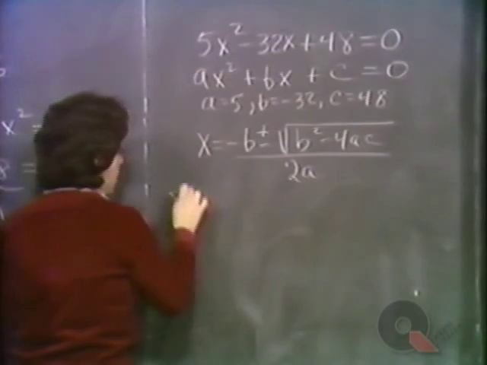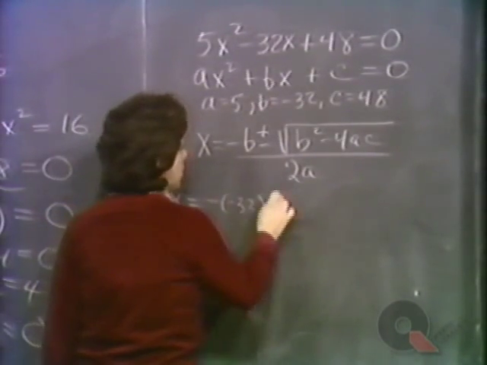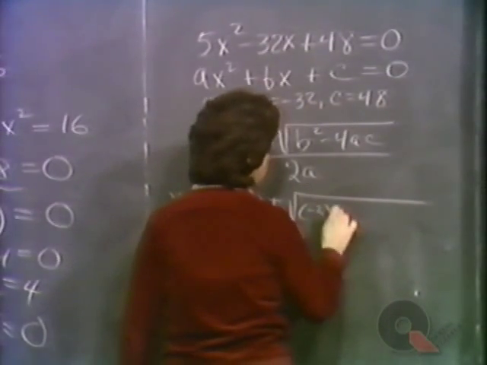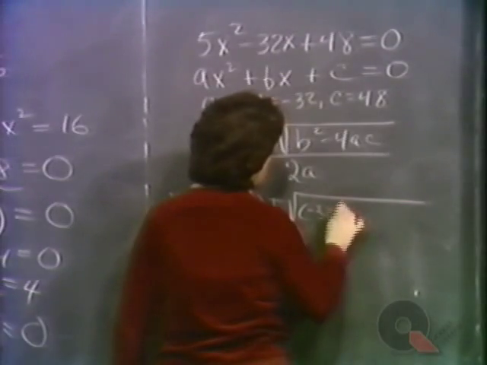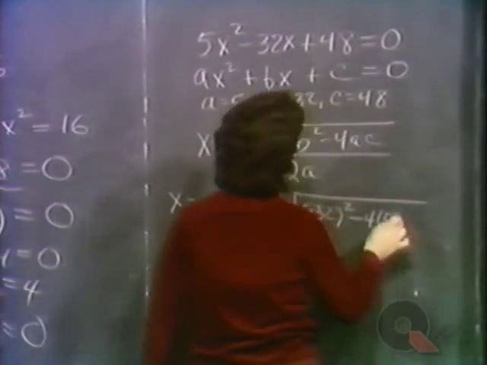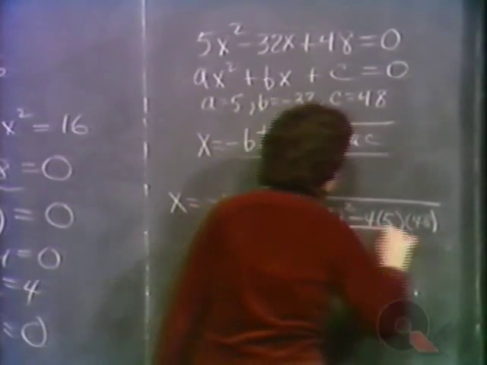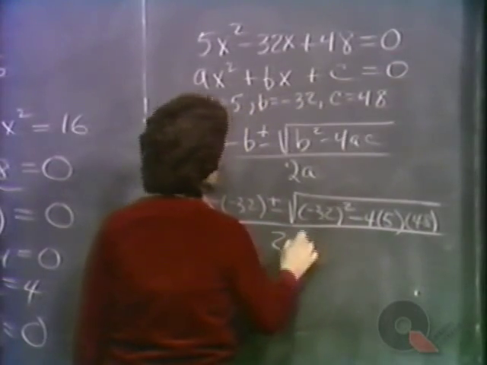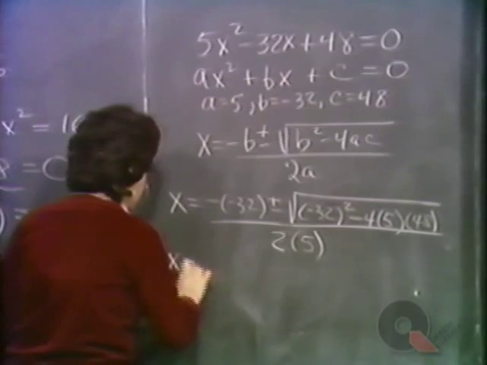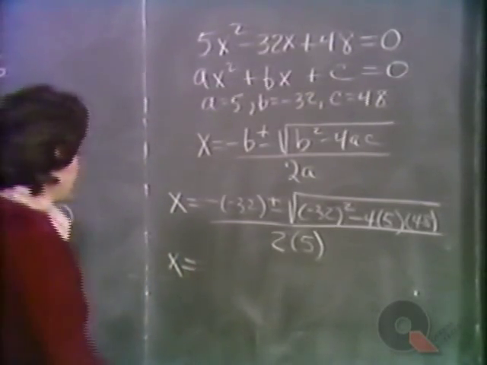So we get x equals minus b, that's minus minus 32, plus or minus the square root of b squared, that's minus 32 squared, minus 4 times a, which is 5, times c, which is 48, over 2a, 2 times 5. It requires a little bit of arithmetic, but at least it's a surefire method.